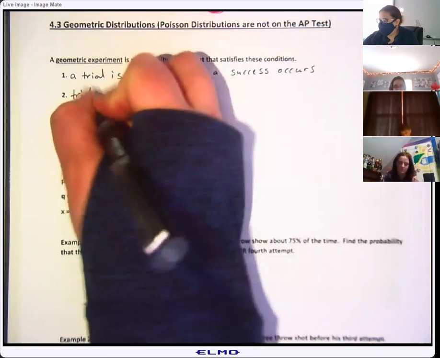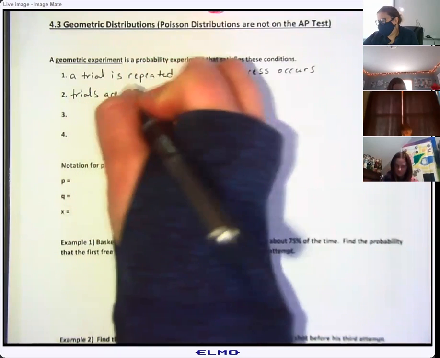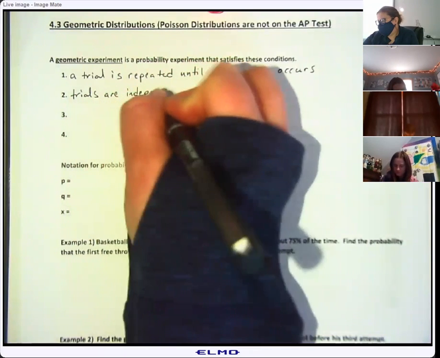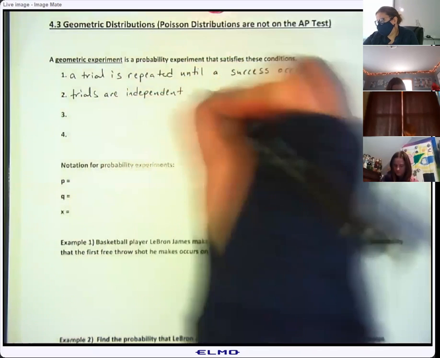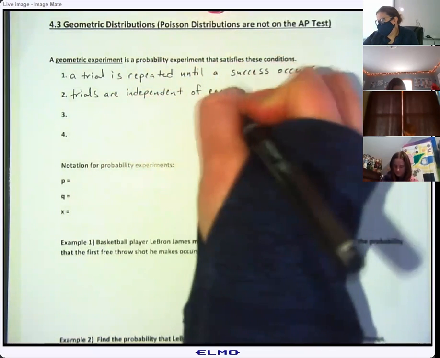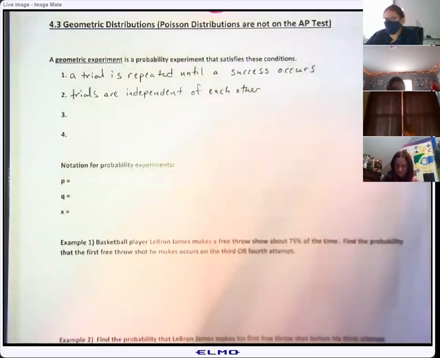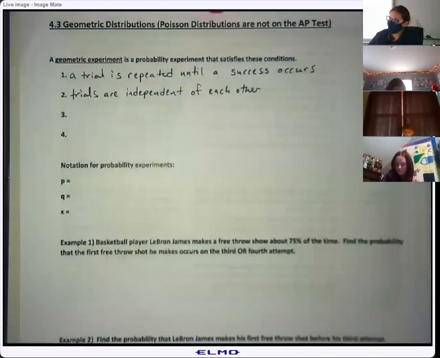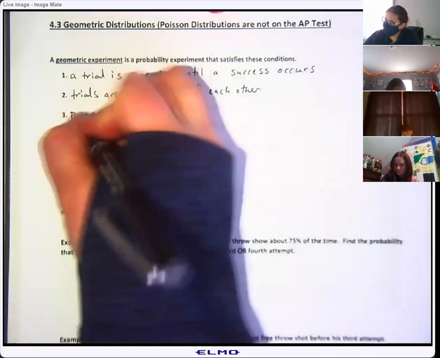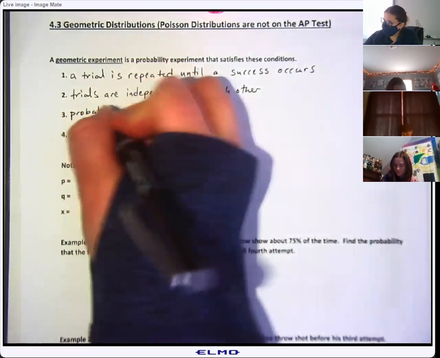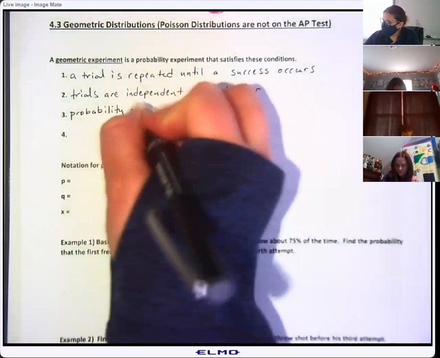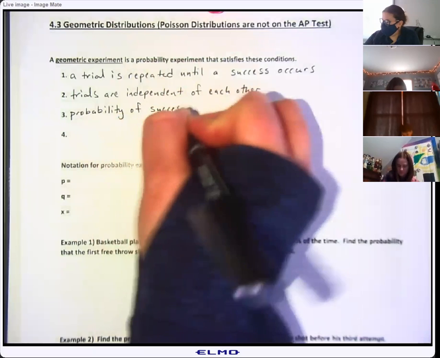The second thing is that trials are independent of each other. One trial shouldn't affect the other. Third thing is that the probability of success is the same for each trial.